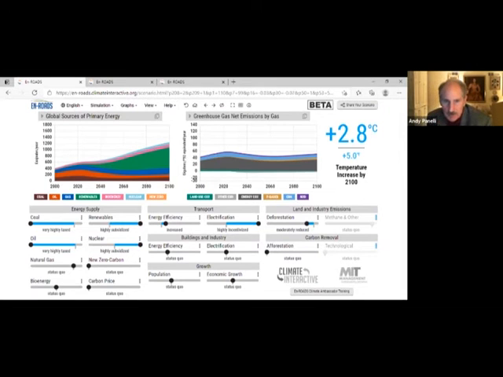And, you know, we're using a lot of energy. We're now using a lot of renewable energy. But you know, you can try to make vehicles and buildings more energy efficient.